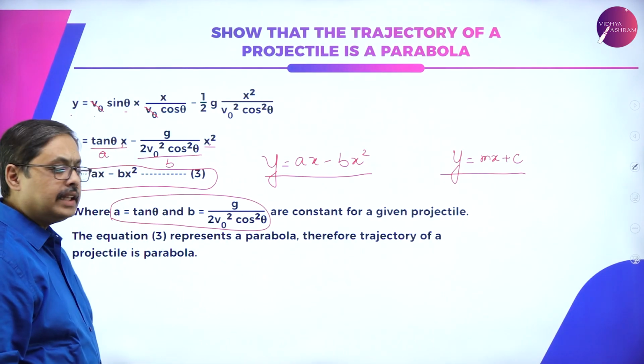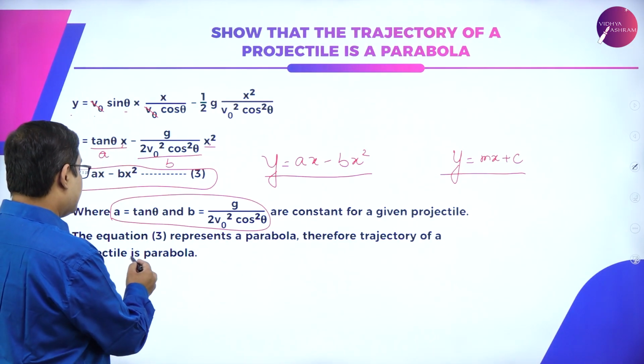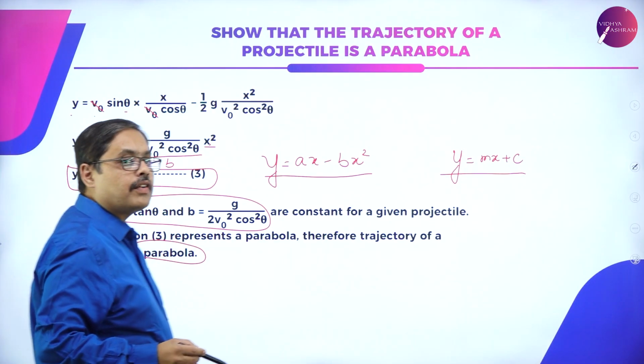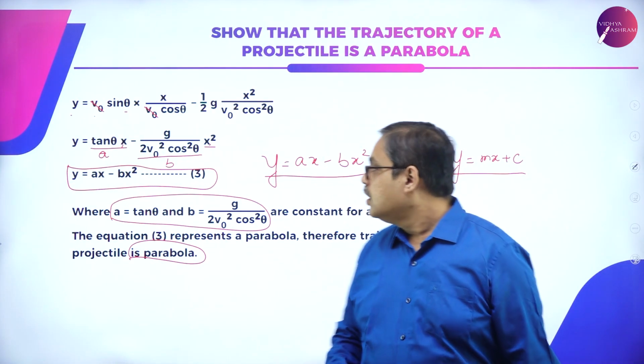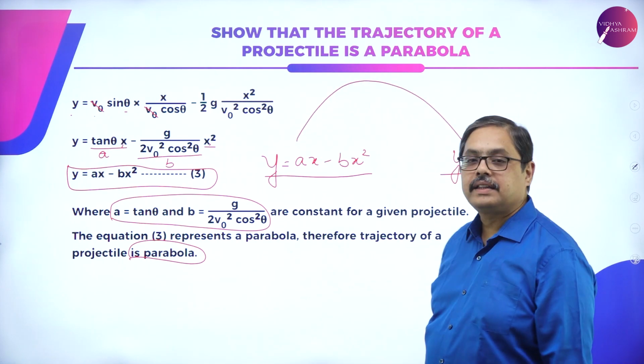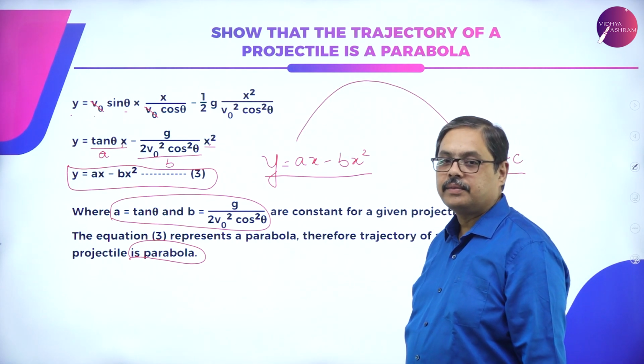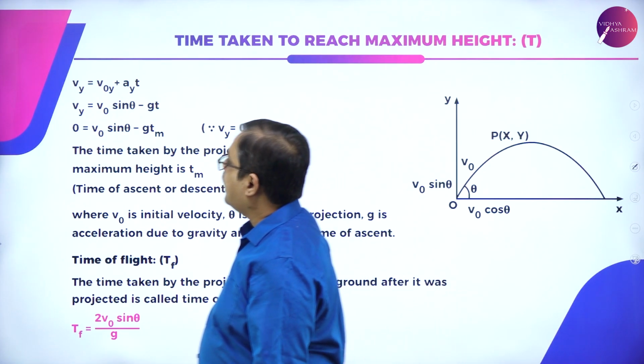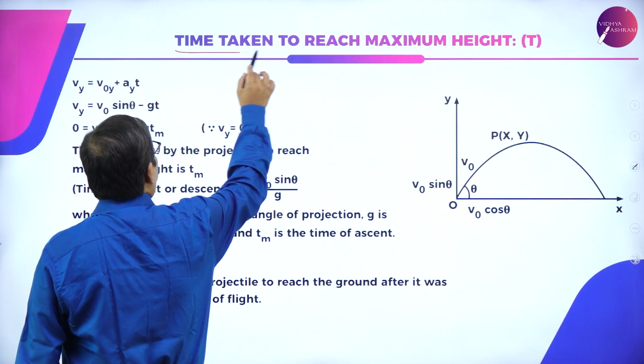Therefore the trajectory of a projectile is a parabola. We have the proof that whenever an object is thrown into space, it follows a path represented by a parabola.